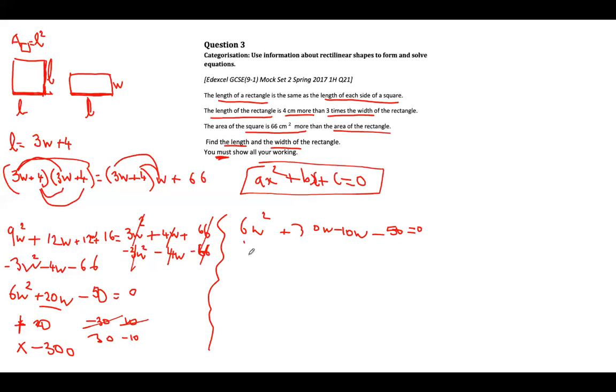And I'm going to pair them. The common factor for 6w to the power of 2 and 30w is 6w. So I'm going to put 6w, open the bracket, w plus 5, right?